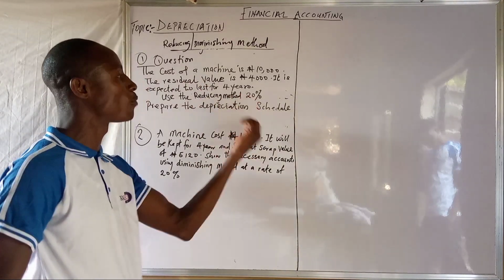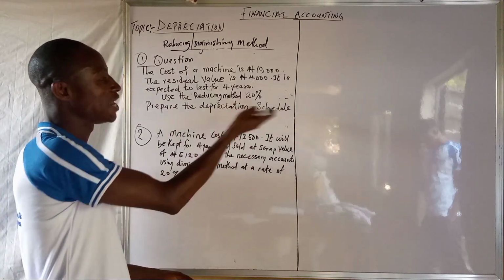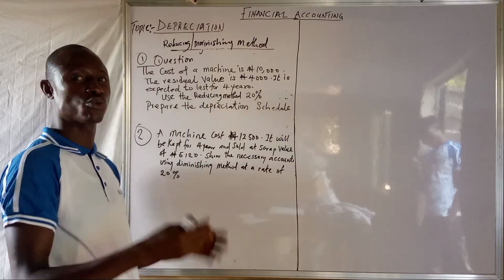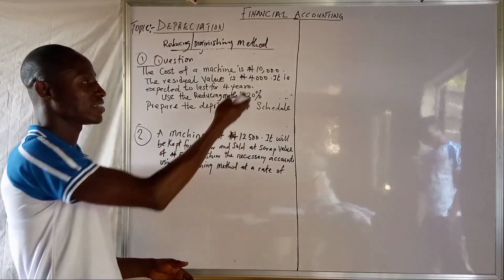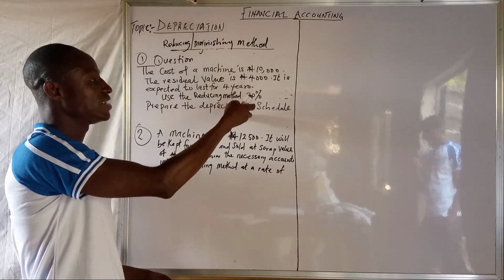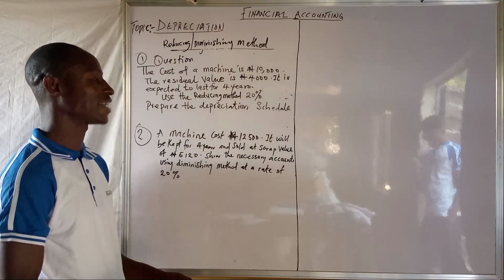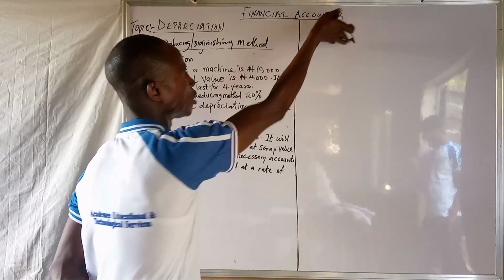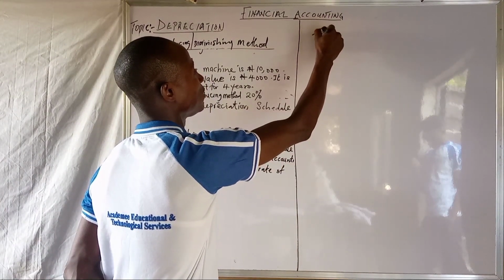And to ease the problem and eliminate the difficulties in the calculation of this method, each question always comes out with a certain percentage that you need to use to calculate the depreciation that you are given to charge.